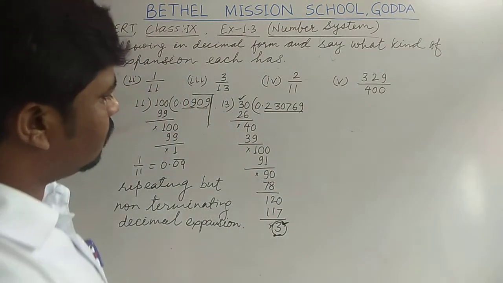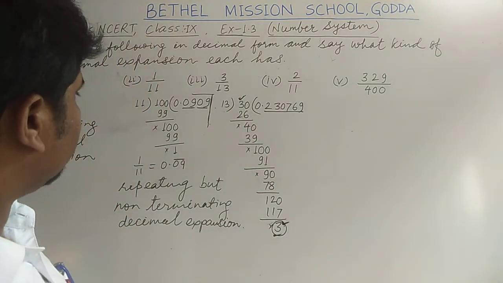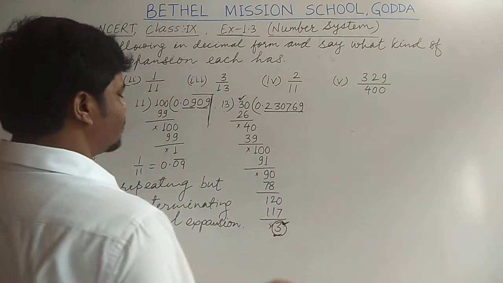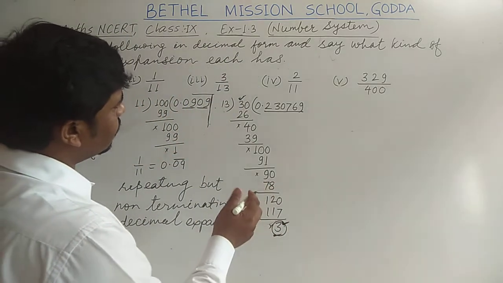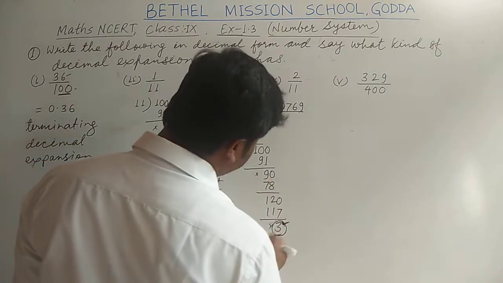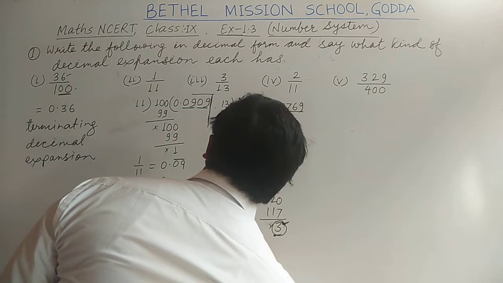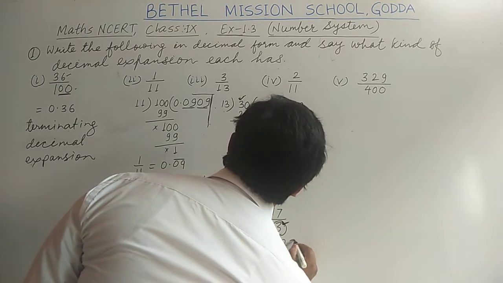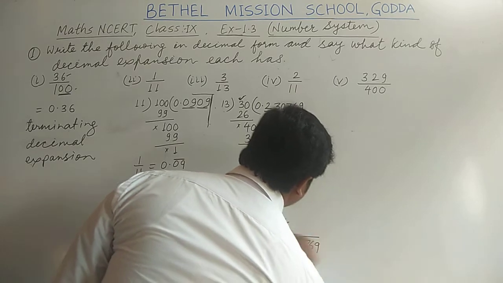So this type of decimal is repeating but non-terminating. It is not going to terminate, so this is not a terminating decimal but repeating. That's why this is called a repeating decimal. So we will write 3 by 13 equal to 0.230769 repeating.